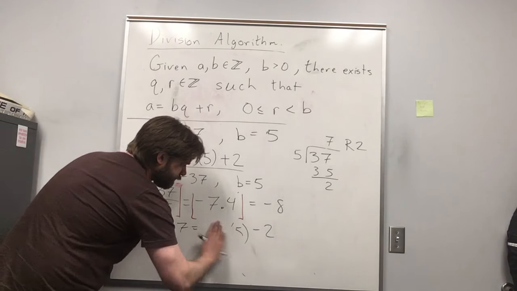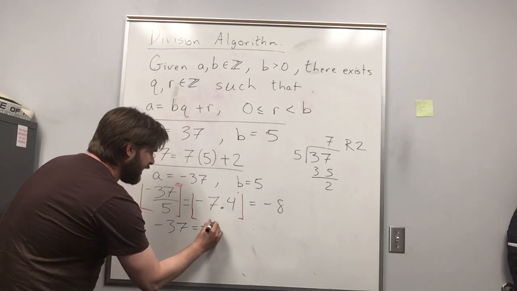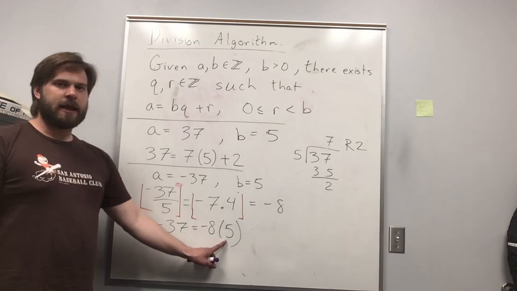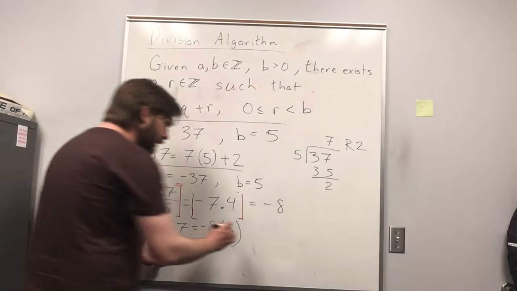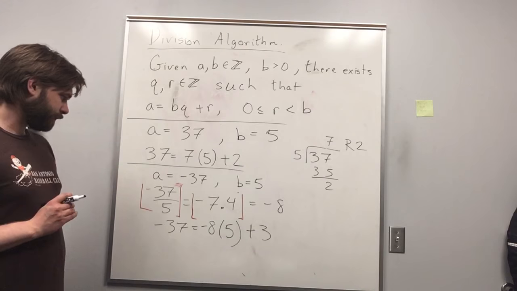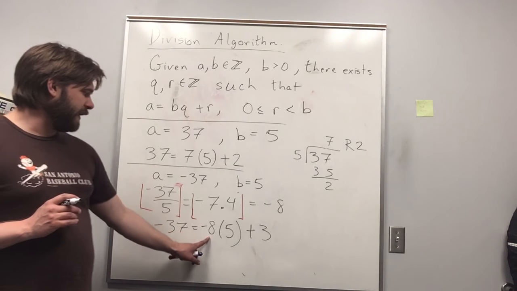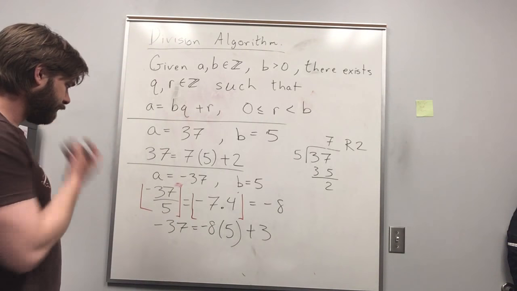So then, if I do negative 8 times 5, I get negative 40. So to get to negative 37, I would have to add a 3. Okay? So if we did this, our q would be negative 8, and our r would be 3.